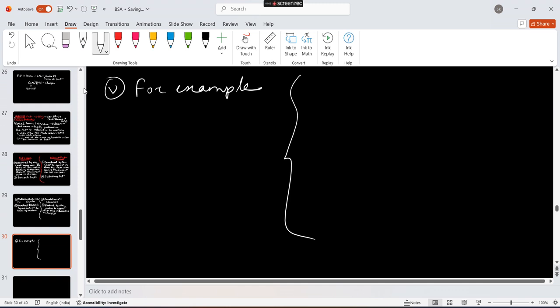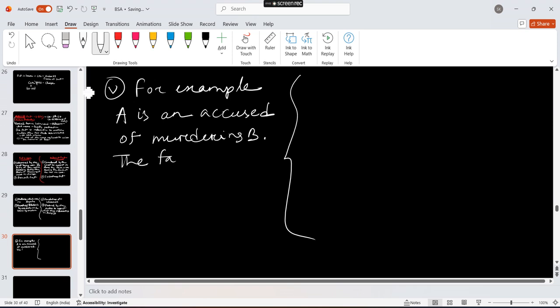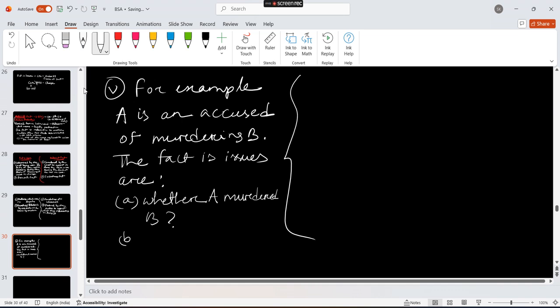That is a relevant fact. And if this is proved, that is a relevant fact. Okay. So, is it clear? If anyone has any doubt, please ask me. Not murdered, please write whether A killed B.